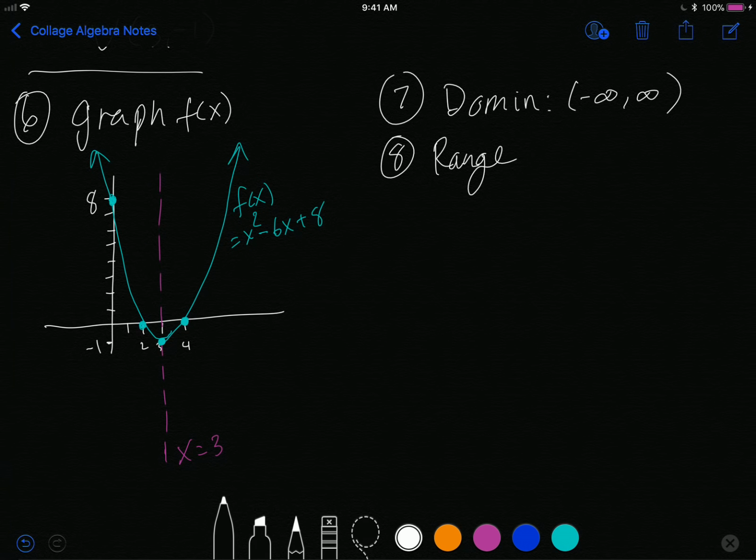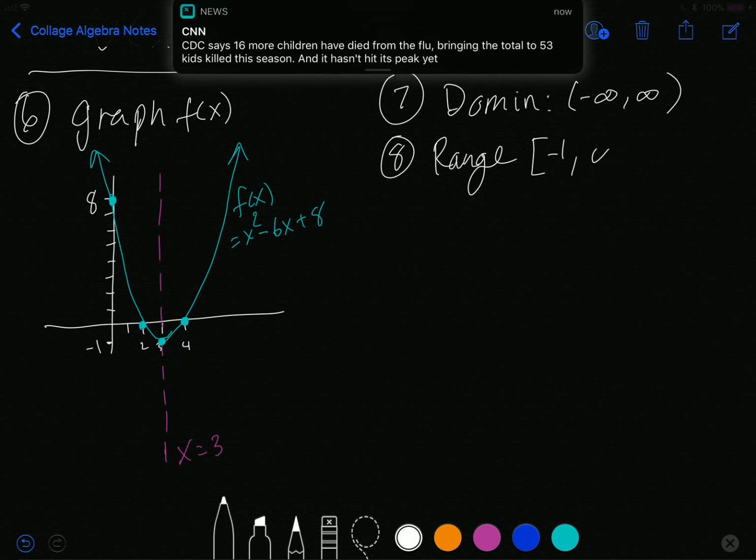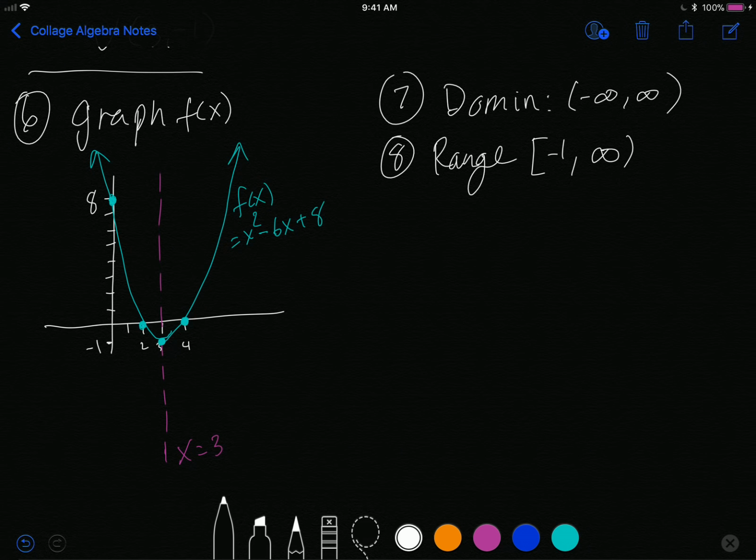The range is the lowest y value, which occurs right here at the vertex, to the highest y value. The graph goes up forever. And so my range will be a low of -1 and a high of infinity. That's my range for my graph.